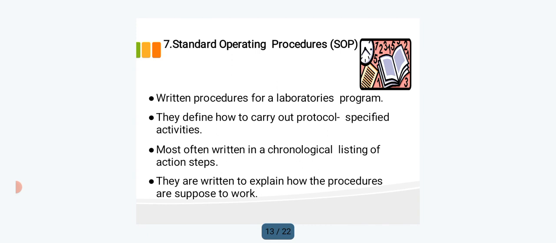The seventh one, SOP, standard operating procedures. We have written procedures for laboratory programs. They define how to carry out the protocols and specify the activity, give a written chronological listing of the action steps, and explain how the procedures are supposed to work.